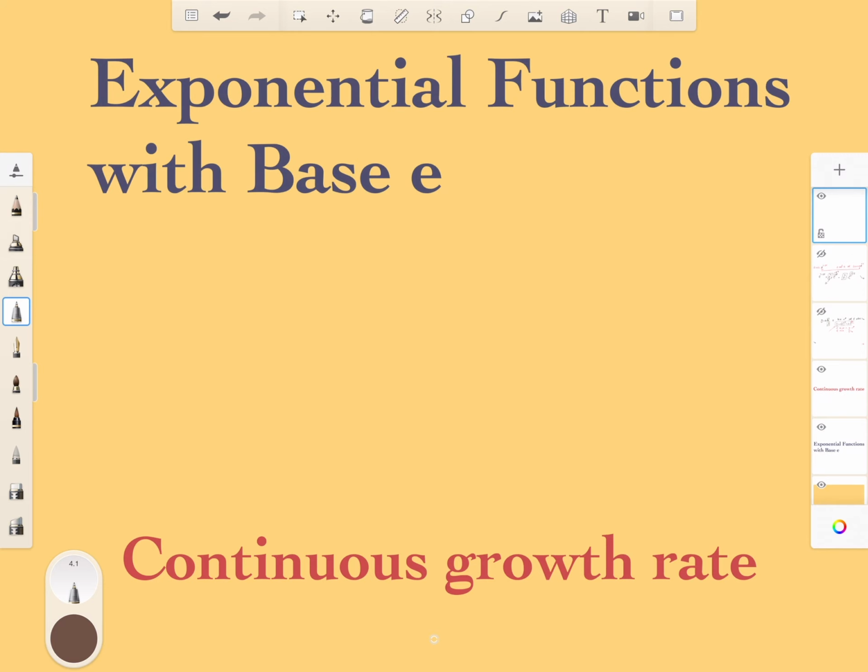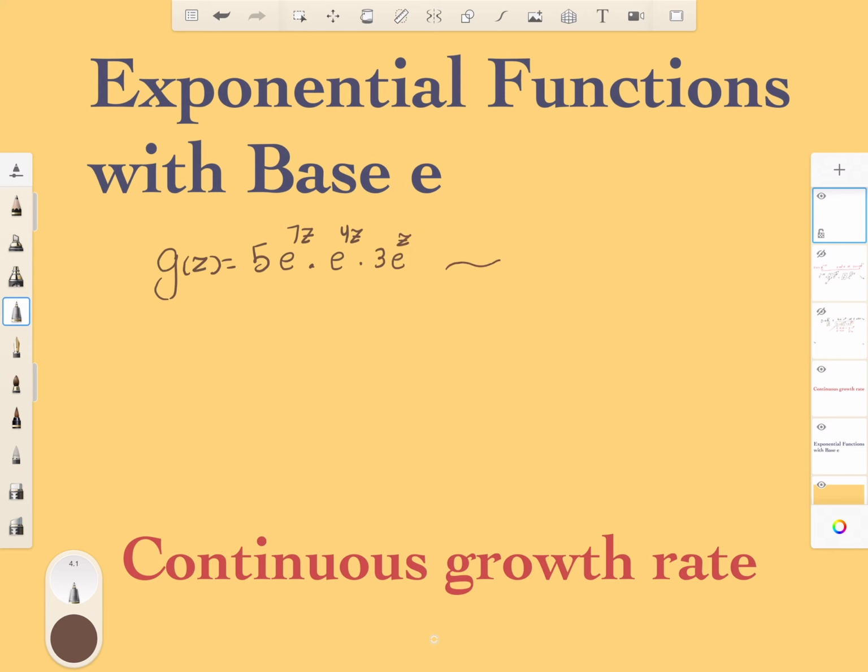Let's have another example. g of z equal to 5 e to the power 7z multiplied by e to the power 4z multiplied by 3 e to the power z.